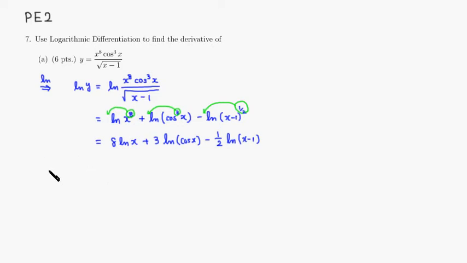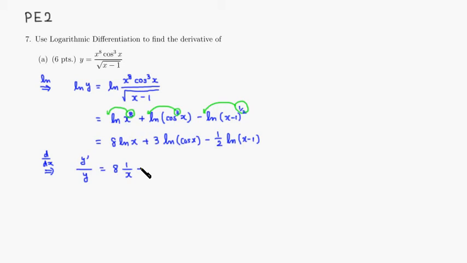Then we can take the derivative with respect to x. If you take the derivative of natural log of y with respect to x, you get y on the bottom and the derivative of that on top, so y prime over y. Then you have 8, a constant multiple, and the derivative of natural log of x is 1 over x.